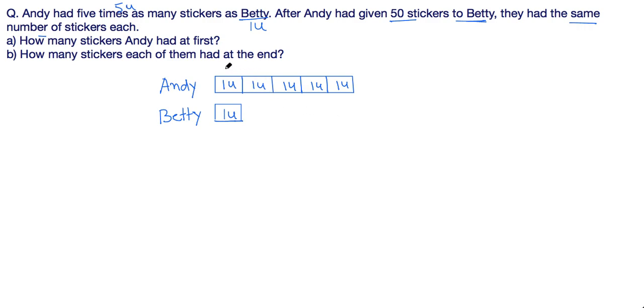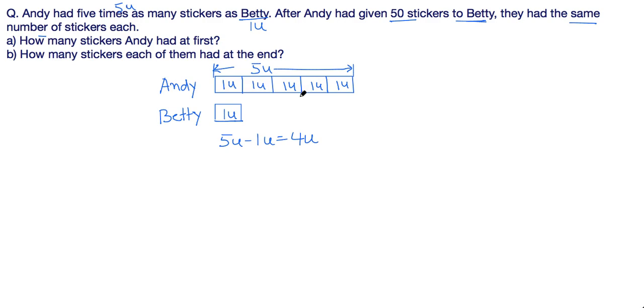Andy is having 5 units, right? And Betty is only 1 unit. So the difference in their number of units is 4. 5 units minus 1 unit is 4 units, right?